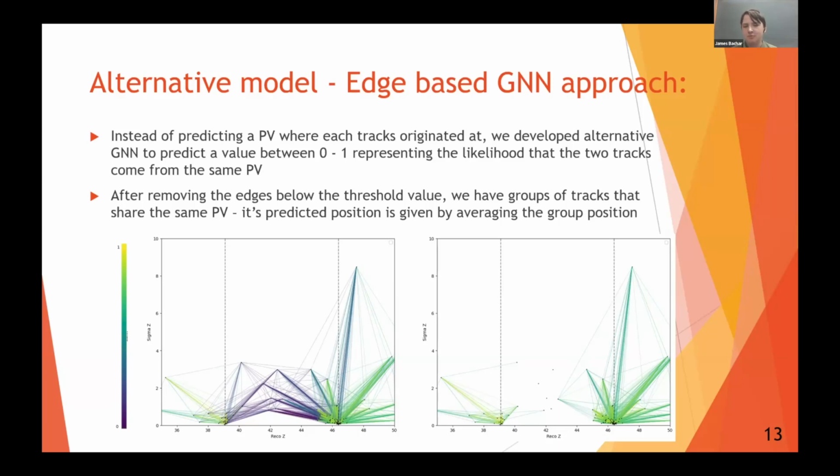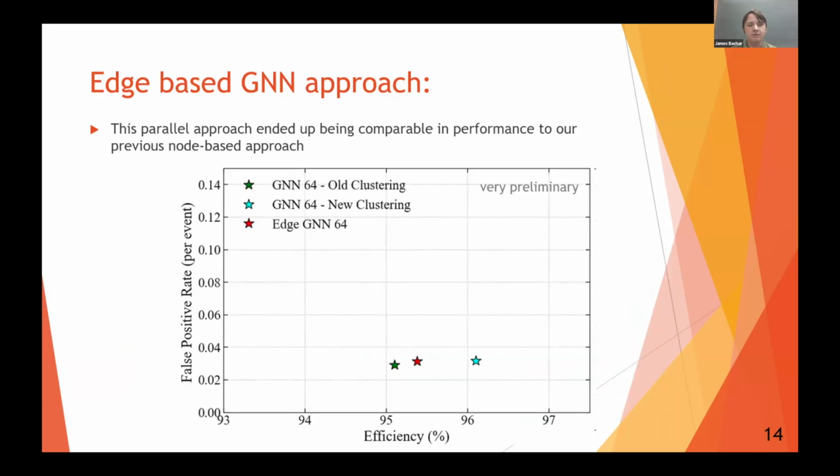We just take an average position of those tracks, and that gives us a list of predictions for that event. This ended up having a similar performance to the node-based GNN, even though it's a different model. You can see the red star is somewhere between the green and cyan star, but again, this is really new, so there could be some improvement in the future.